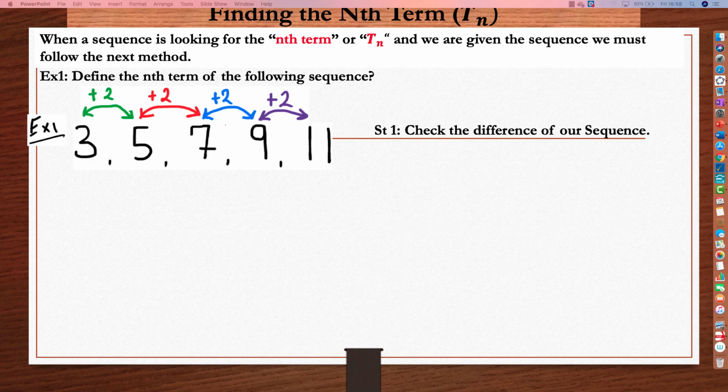The next thing we got to do is find T0. Alright, T0. So what I mean by that is, what's T1 here? What's T2? T3, T4, and T5. So what do you think T0 is going to be? 1.